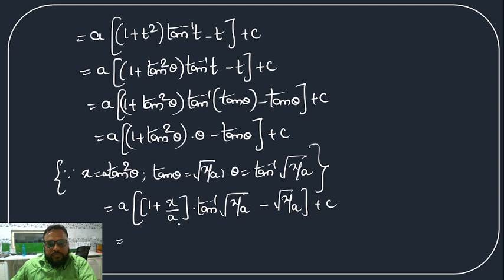Now if I want, I can take a inside and multiply this. So a into a plus x by a, into tan inverse under root of x by a.